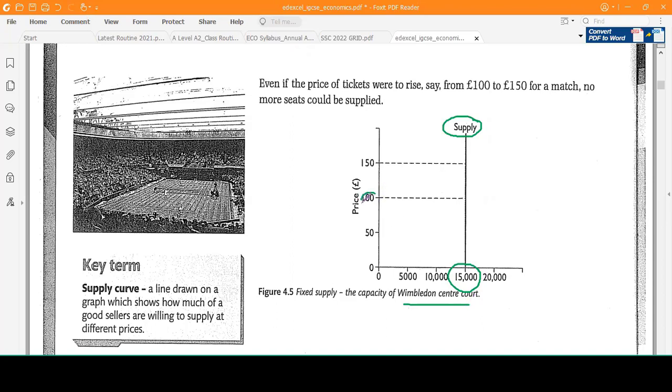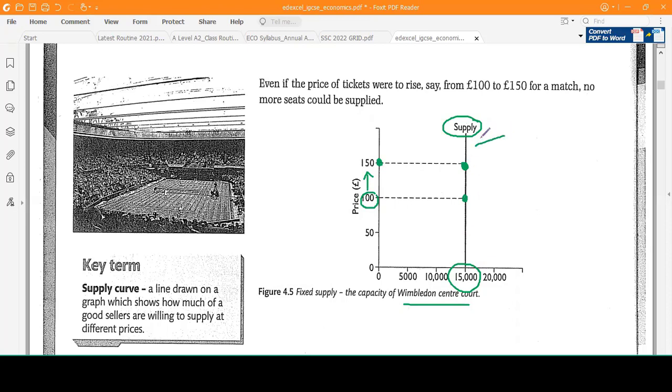So if 100 pounds is charged and 15,000 people come to enjoy the match, that is the maximum capacity. Still, if people offer higher prices, like if it rises from 100 to 150, you cannot allow extra people to watch that tennis match because you don't have capacity beyond 15,000. So that's your maximum capacity.